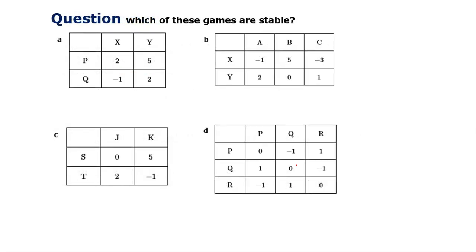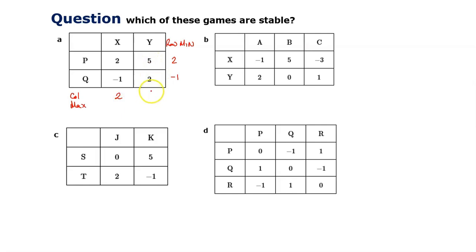So let's do a couple of examples. I'll just write these in here. So we've got the col max down here, and we've got the row min over here. So if I just do this on a couple of these, the minimum of this is 2. The minimum of this is -1. And the maximum of this is 2.